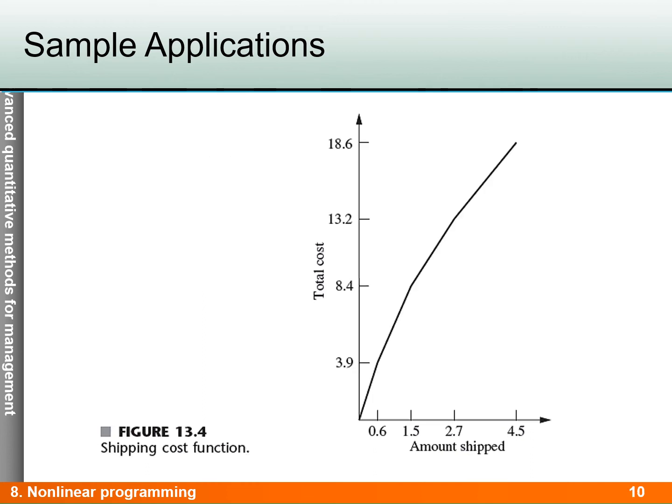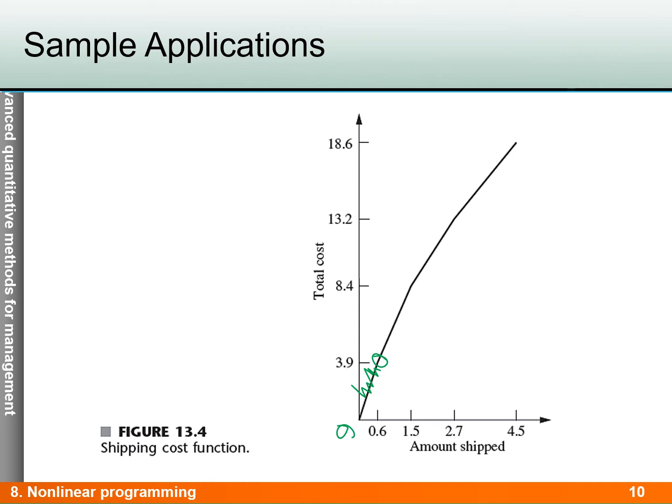So obviously here you see again that our objective function changes. As you see here, there are different slopes for our problem. For example, from point 0,0 to point 0.6, 3.9, the slope is 6.5.